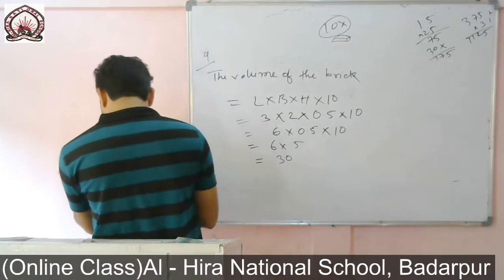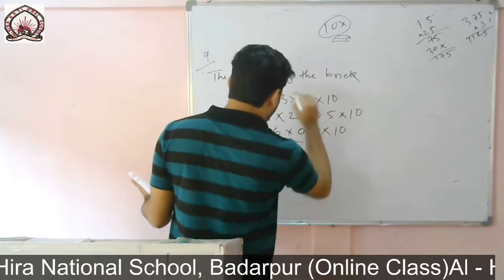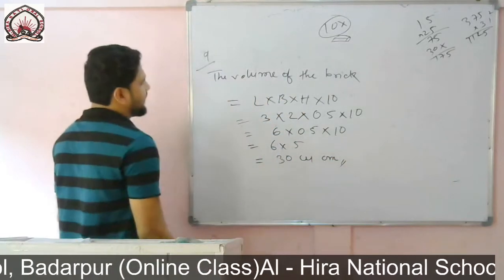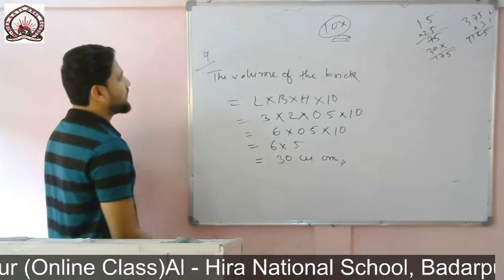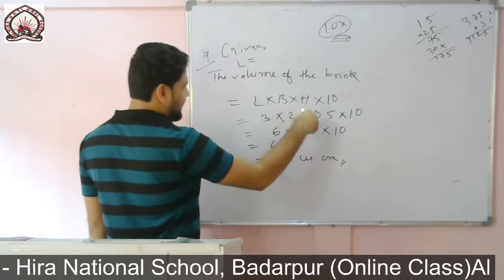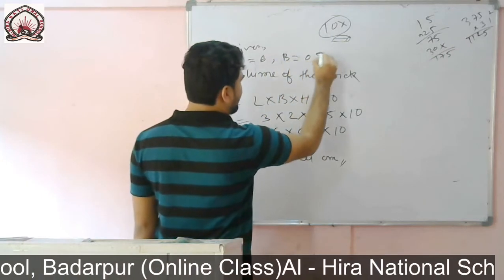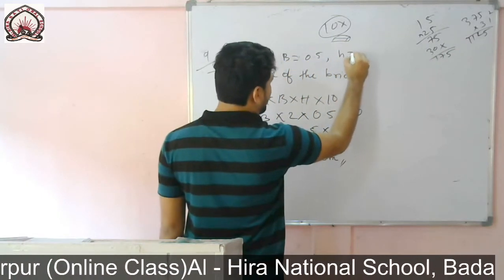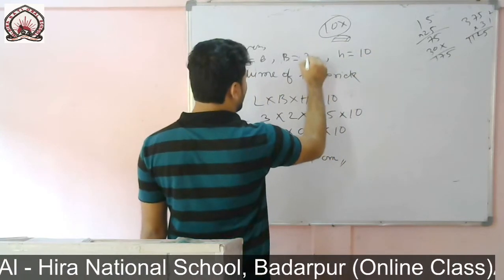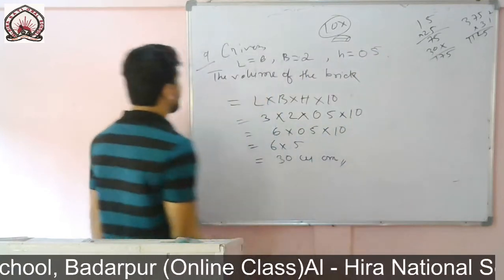So what is the volume of the brick? 30 cubic centimeter, since length, breadth, height are given in centimeters. Before that you can write given: length equals 3, breadth equals 2 and height equals 0.5.